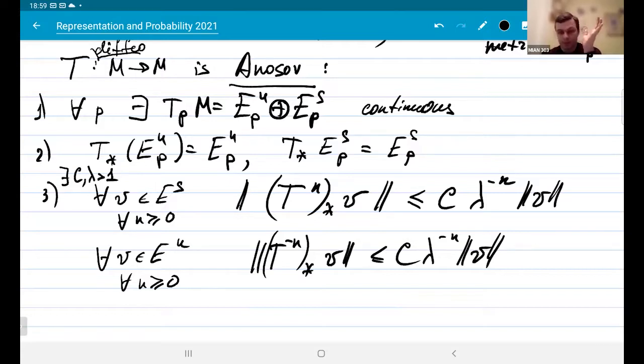So, informally speaking, any vector in ES, if we iterate it with our map, contracts exponentially fast. And any vector in EU contracts exponentially fast when we iterate it back with T to the minus 1. That's it.